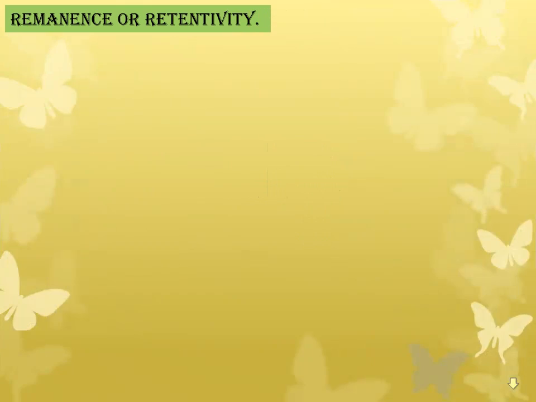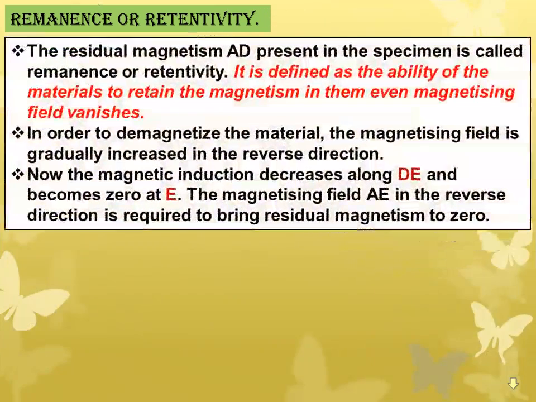Remanence or retentivity. What do you mean by remanence and retentivity? The residual magnetism OD present in the specimen is called remanence or retentivity, and it is defined as the ability of the material to retain the magnetism in it even when the magnetizing field vanishes.